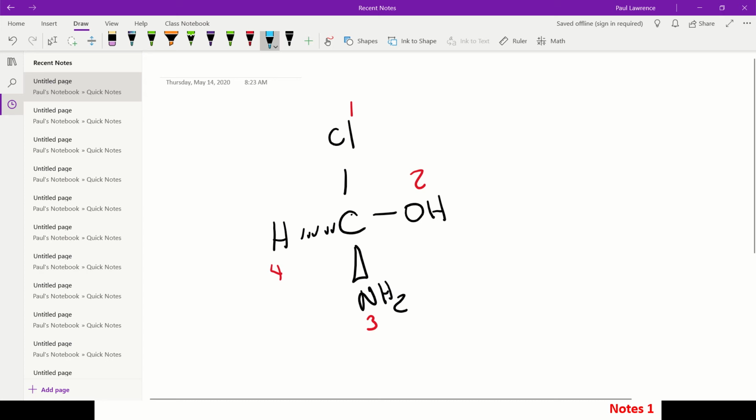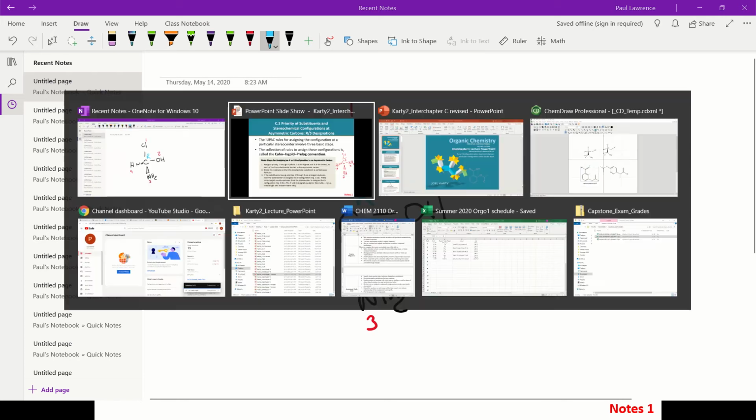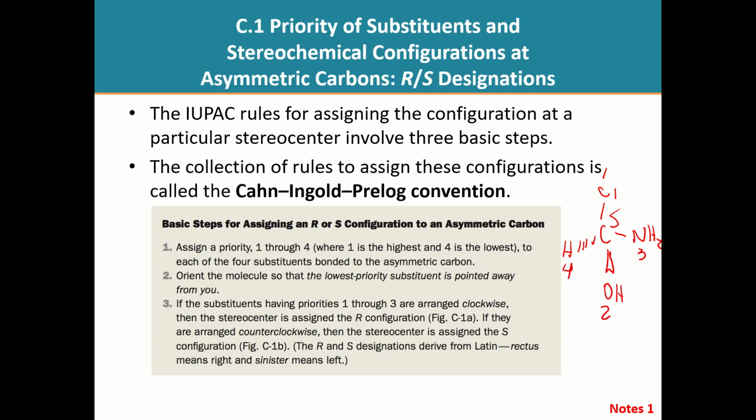And then we just trace through 1, 2, and 3. We can see that that is going in the clockwise direction. So that makes this stereocenter an R. So those are the basic steps for assigning R and S.